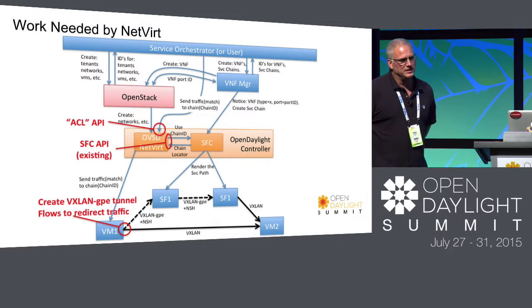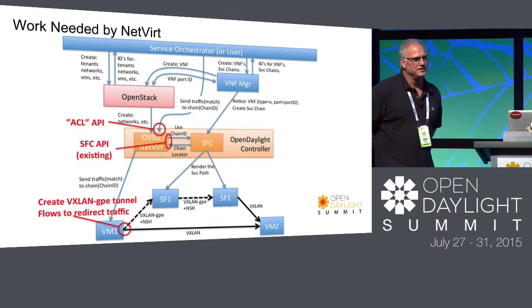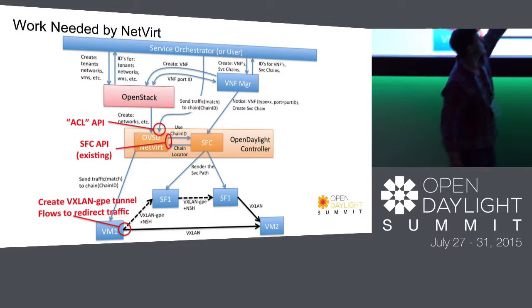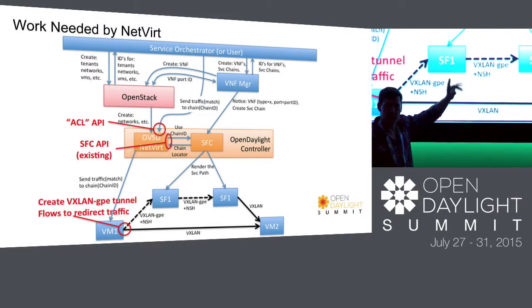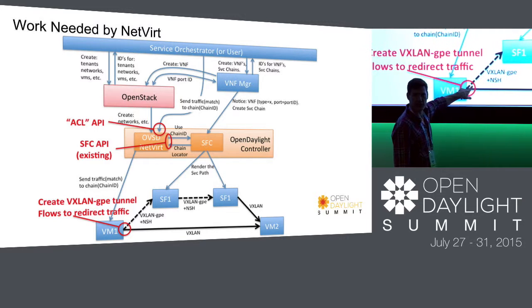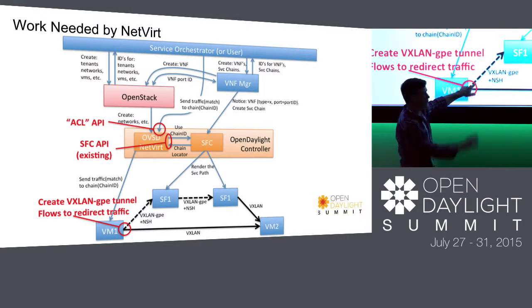Yeah, so SFC does all the pieces. It does the service chaining. What GBP does today is the classifier. SFC has an ACL, but it has no idea about VMs, the tenant, where everything sources from.